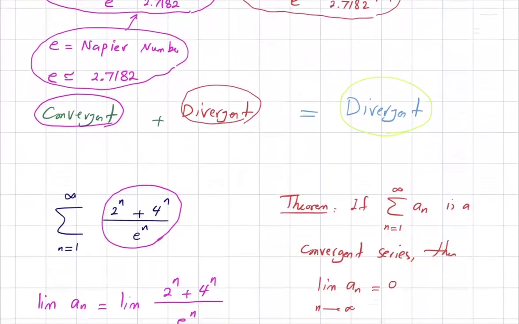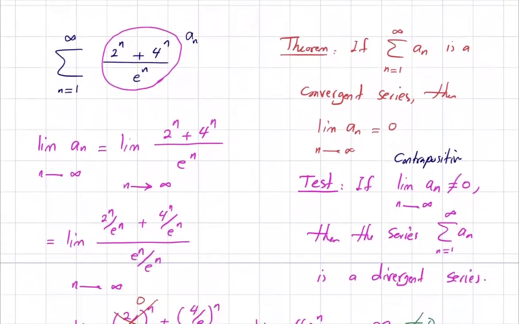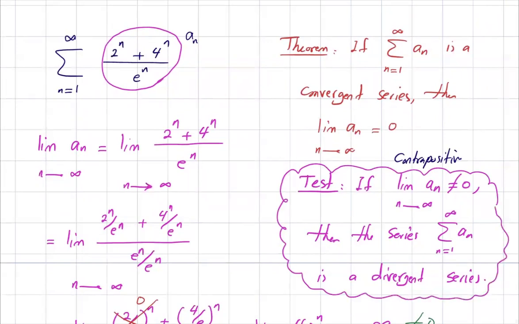Another approach, another method, is just using the convergence test. When you have a series like this, this is your an, this is your general term. If the summation of an is convergent, then the limit must be equal to 0. And out of that, using the contrapositive, you get a convergence test, which says if the limit of an is not 0, for sure you have a divergent series.